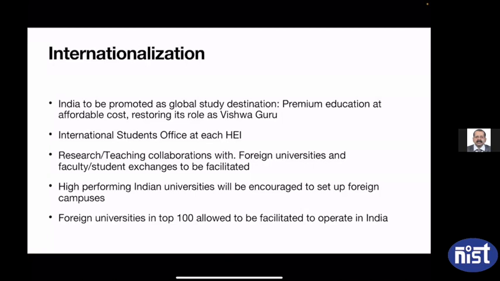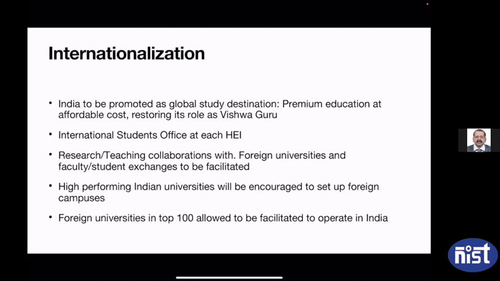Then another focus on all higher education institutes is on internationalization, where India will be promoted as a global study destination. It will offer premier education at affordable cost, and it is expected that it will restore its role as Vishwaguru.